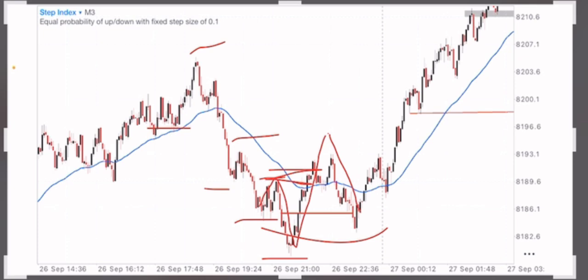So that is where price went to, and then retested it and then bought. That was a reversal that triggered the reversal, right?